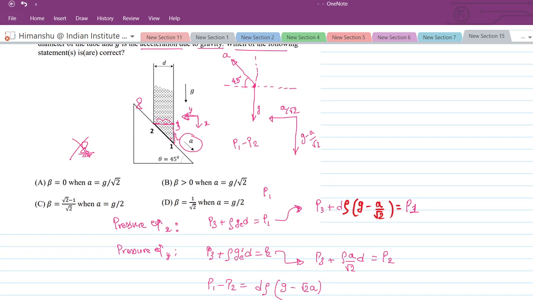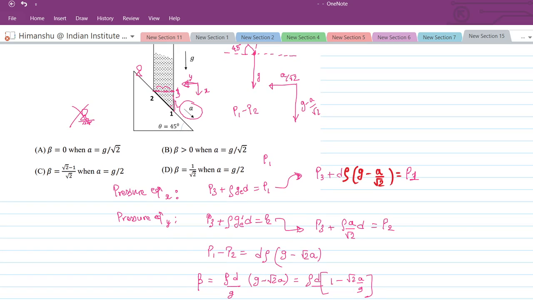And if you find beta from here, we would get rho d over g minus root 2 a, or more beautifully, 1 minus root 2 a over g. Now we'll check with the options.